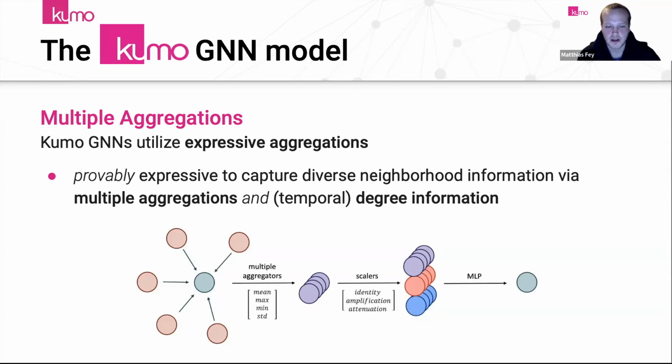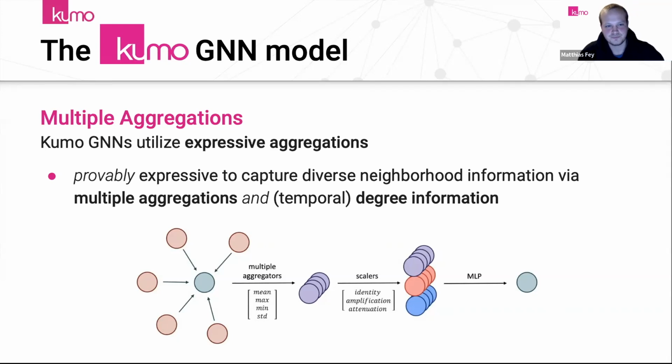It works by using multiple aggregators such as mean, max, standard deviation, and so on, and then scaling these outputs by node degree information. So you can actually reconstruct something like sum aggregation from it. Importantly, degree information is also a temporal feature, and so you need to respect that. If you use degree information as a static feature, then you can no longer train a churn model, because that would leak information about whether there already exists an event in the future or not.